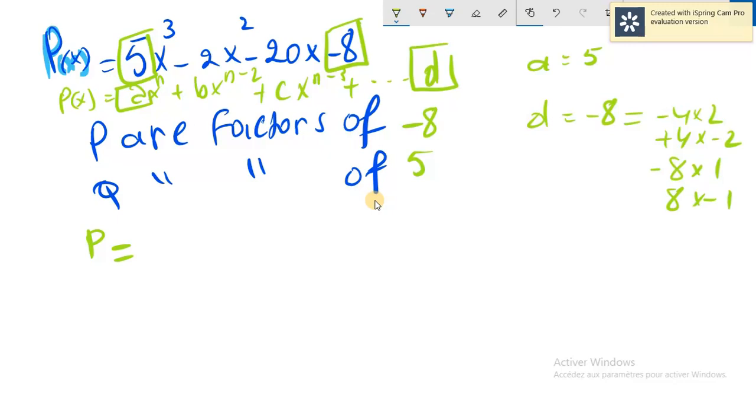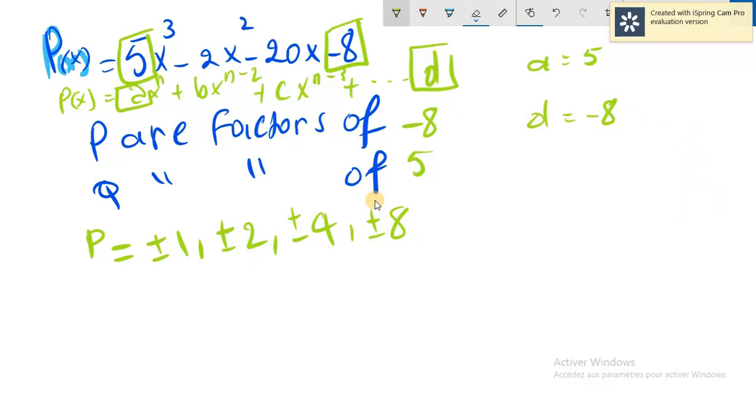You have positive and negative 1, positive and negative 2, positive and negative 4, and positive and negative 8. Now what about 5? You can see 5 is equal to 1 times 5, negative 1 times negative 5. So let's take q equal to these factors, plus and minus 1, plus and minus 5.